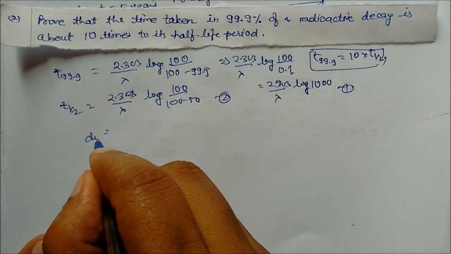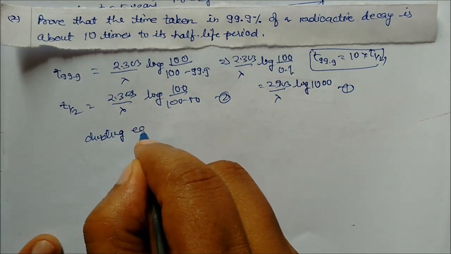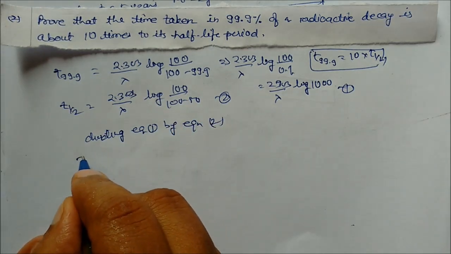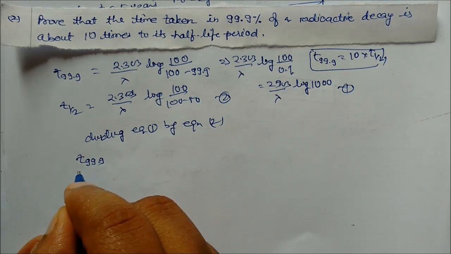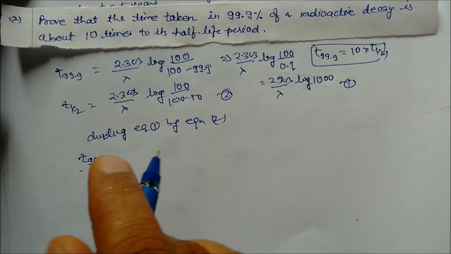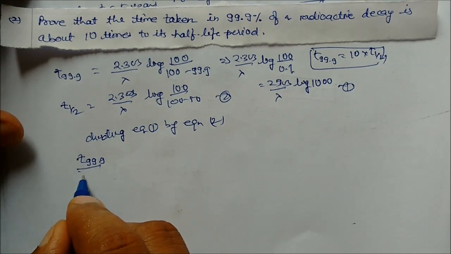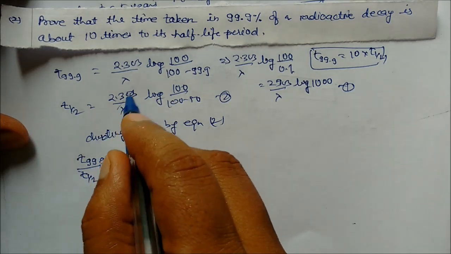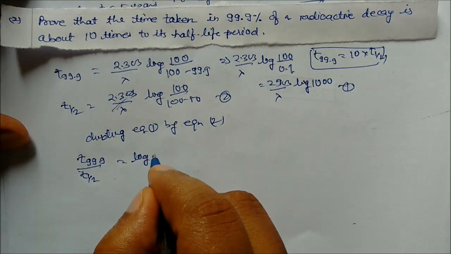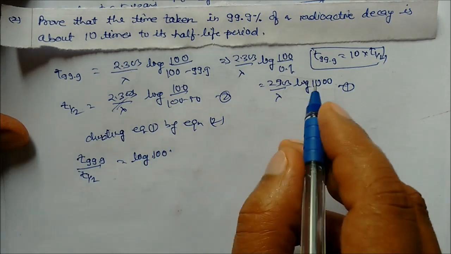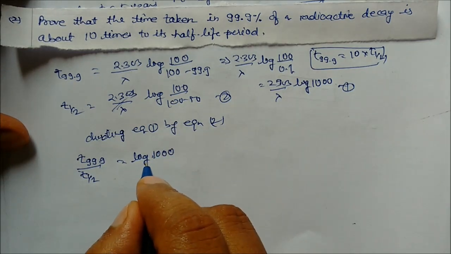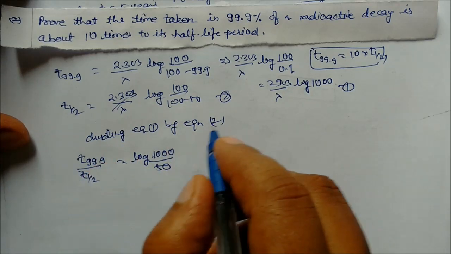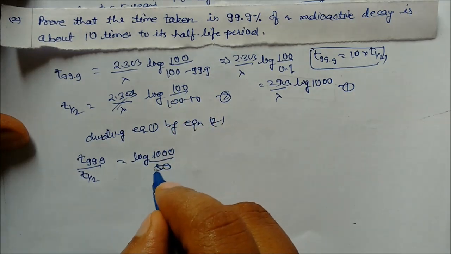Dividing equation 1 by equation 2, it becomes T 99.9 divided by T half. The 2.303 by lambda will cancel, so it becomes log 1000 divided by log 50, so this will be log 2.